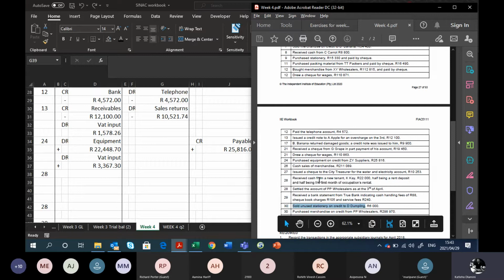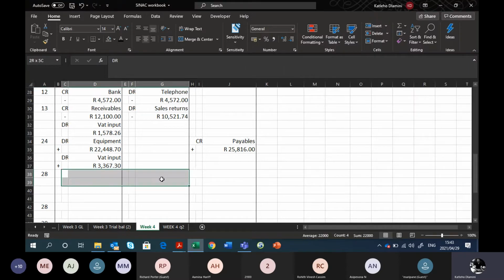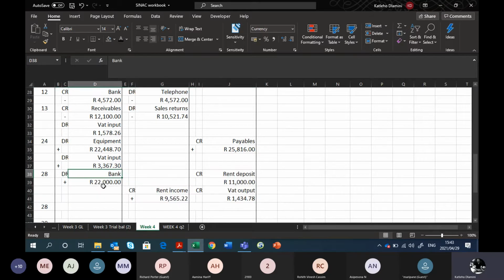And then we're going to debit our bank account with the full 22,000, and the other half is going to be rental income. So it's going to look like this. You see your bank is debited with both these amounts. The full amount, you credit rent deposit, 11,000.